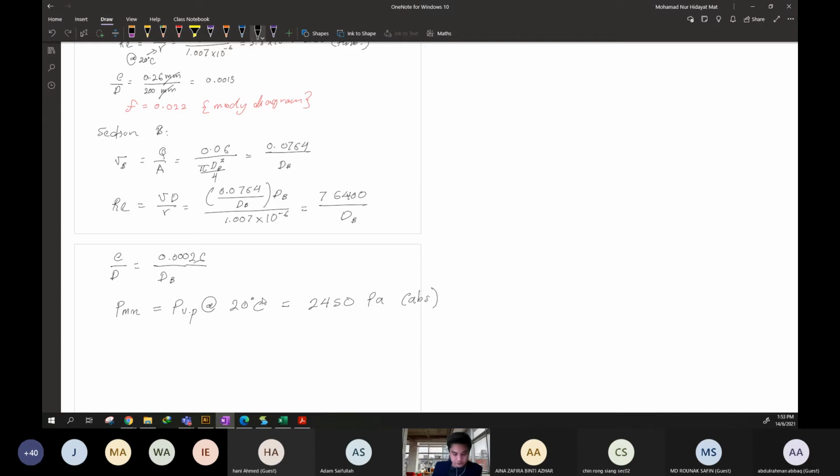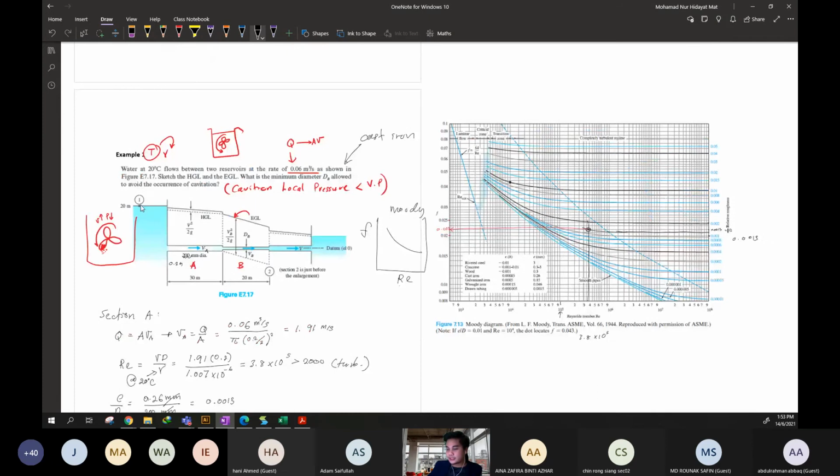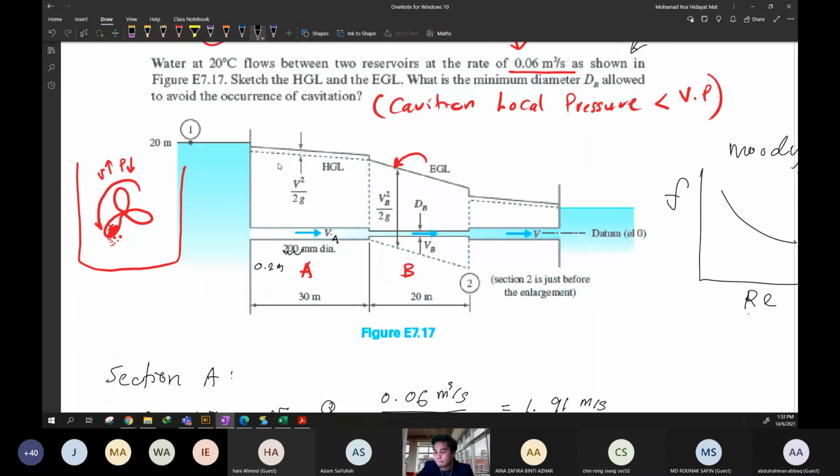So you can see point number 1 and point number 2, along the line from reservoir 1 to reservoir 2.